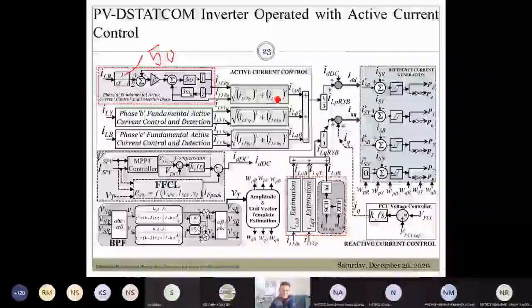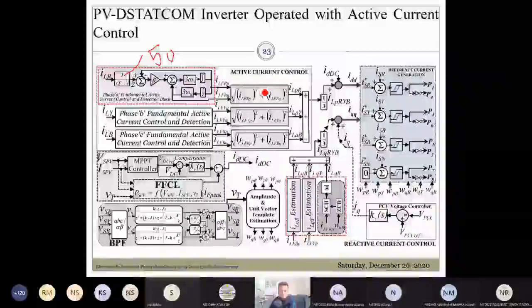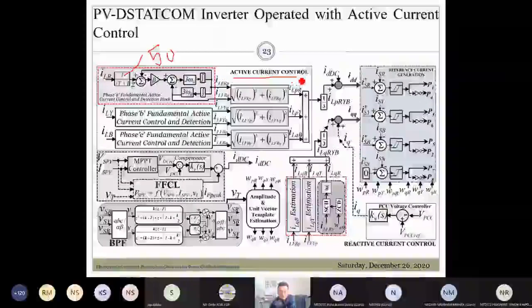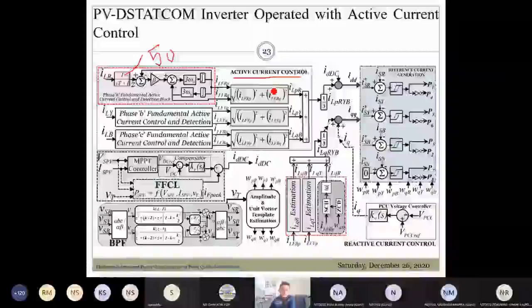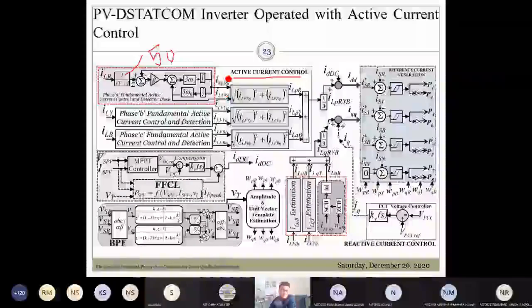So this loop, I have called an active current control. You can see here, you have this fundamental signal. This fundamental signal essentially implies the active as well as the reactive component of the load current.